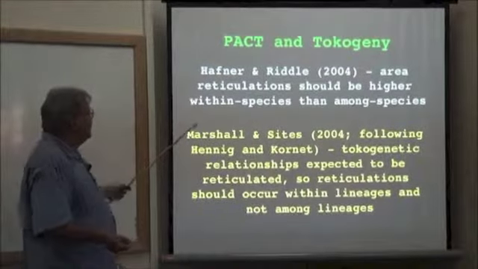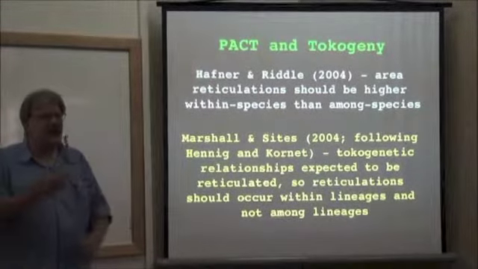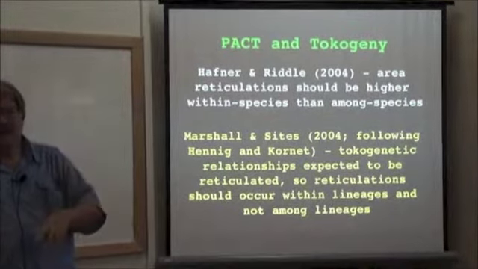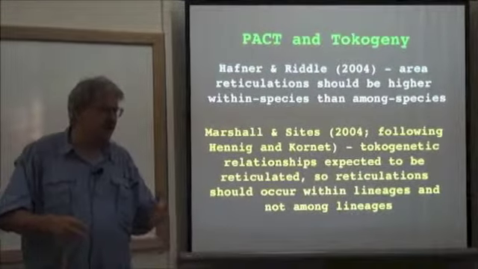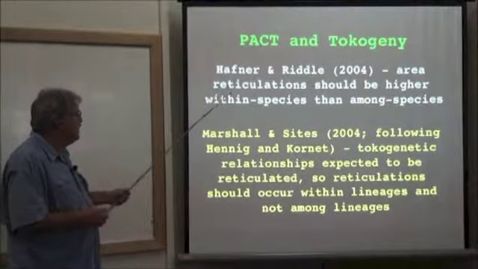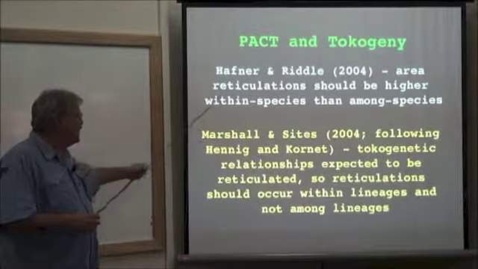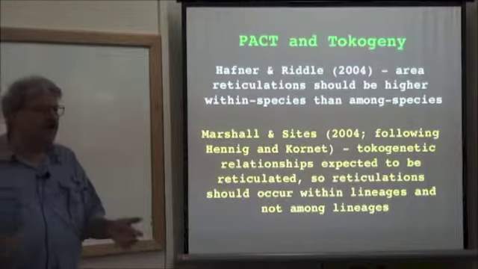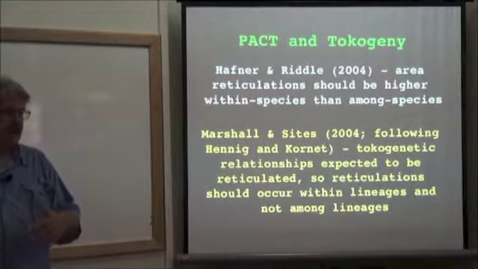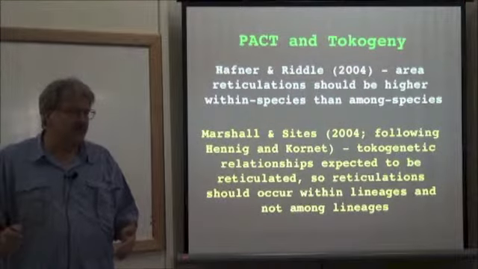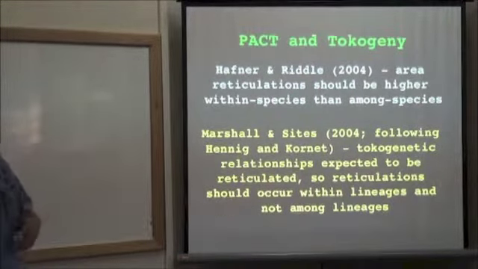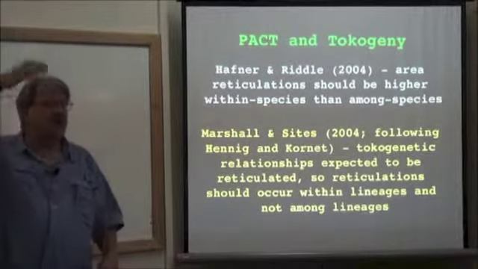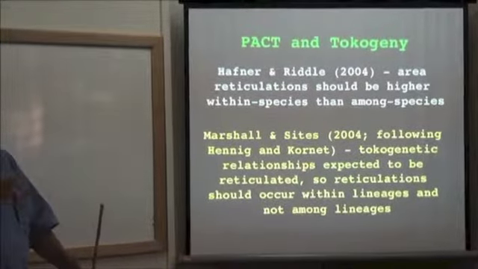And what they said was that if you're going to try to distinguish different species from differentiated populations within one species, one of the things you should expect is that there should be a lot of reticulations among populations within species and no reticulations between species, or at least the level should be much lower. So we expect that information sharing among populations within a species is at a much higher level than information sharing between species.